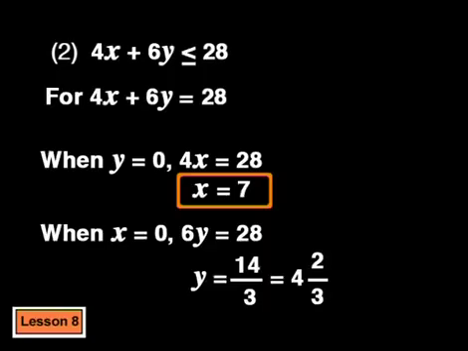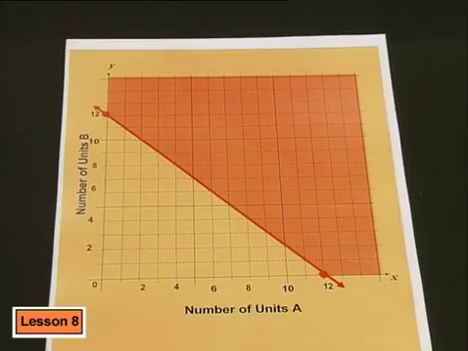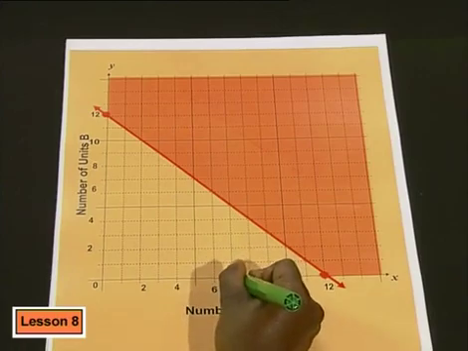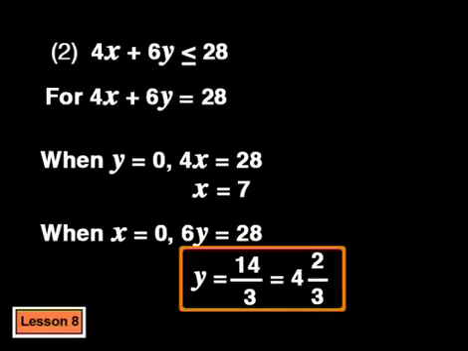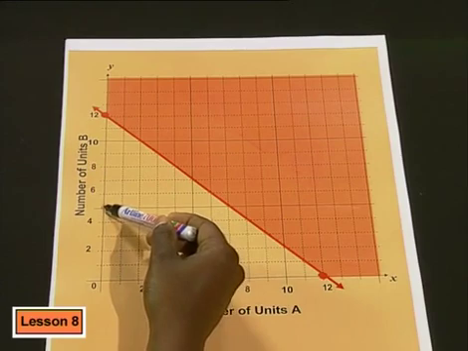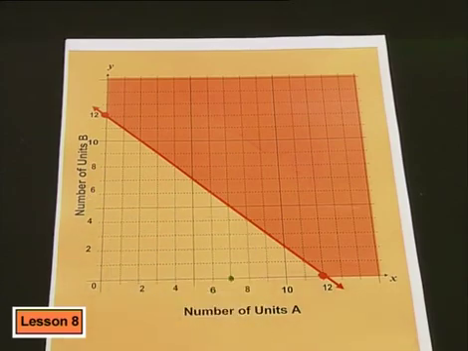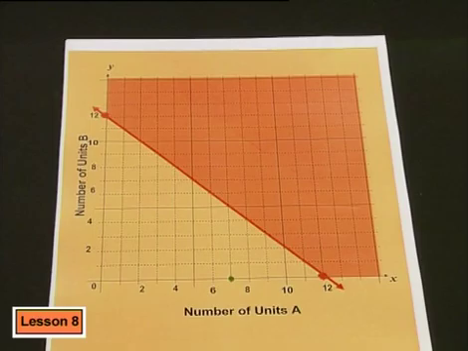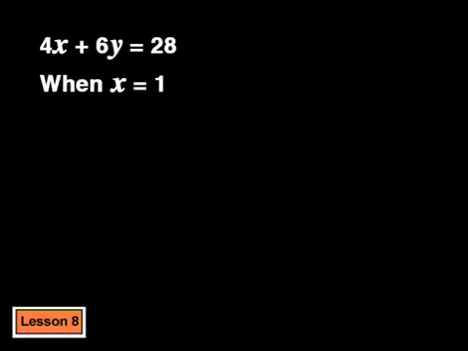For the second constraint, the graph cuts the x-axis at 7, so we can plot 7, 0. It cuts the y-axis at 4 and 2/3. We could estimate where this is, but if the estimate isn't accurate, the line could go through the wrong points on the graph paper. So, to make sure that our line is accurate, we'll rather plot another point. Let's try an x value of 1 and work out what the y value will be.